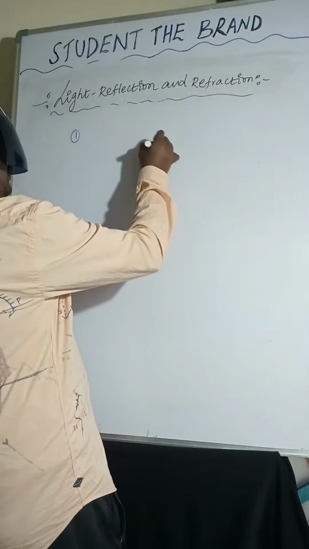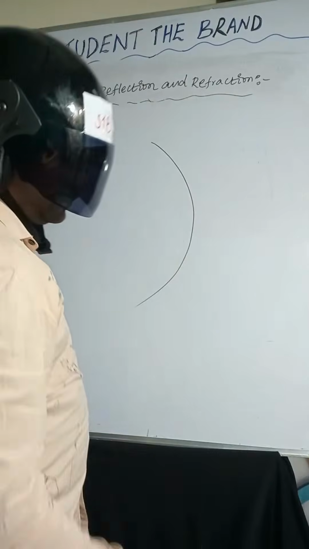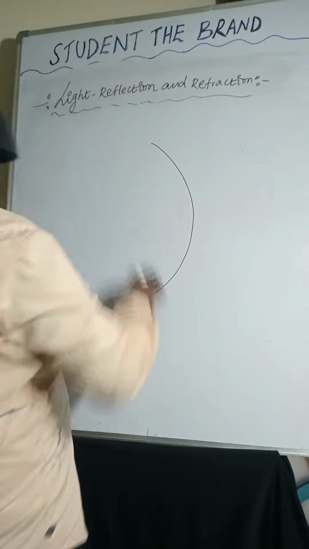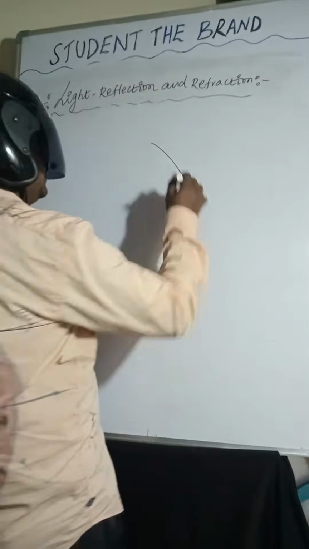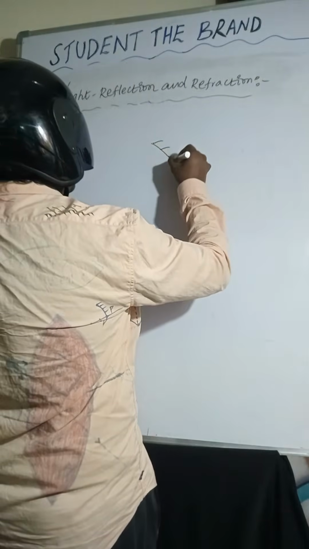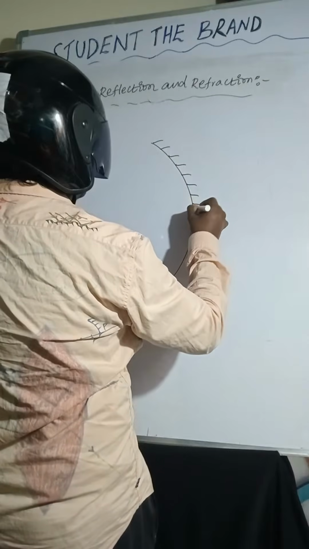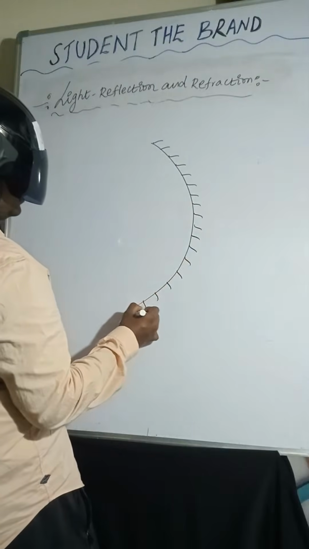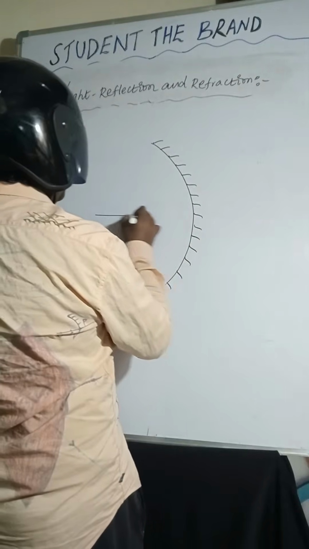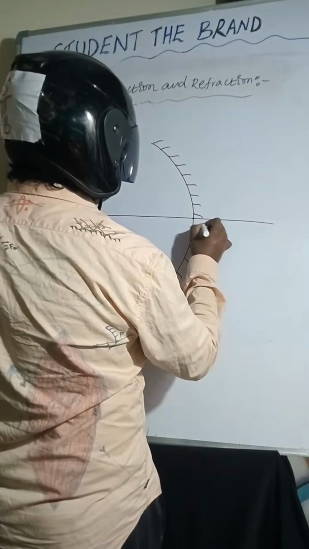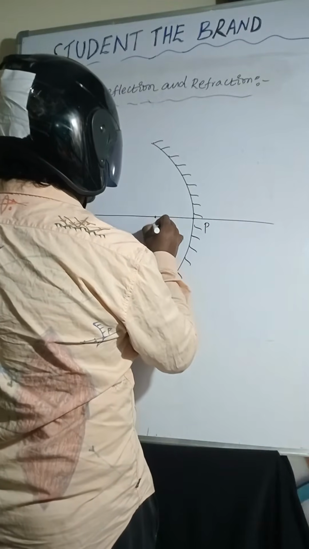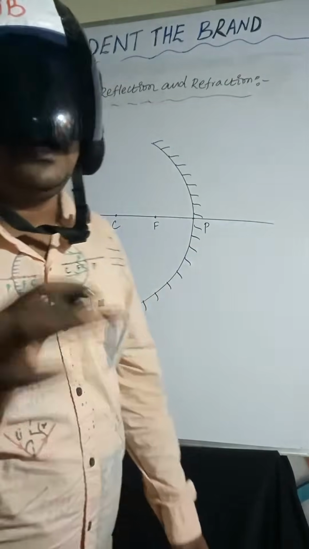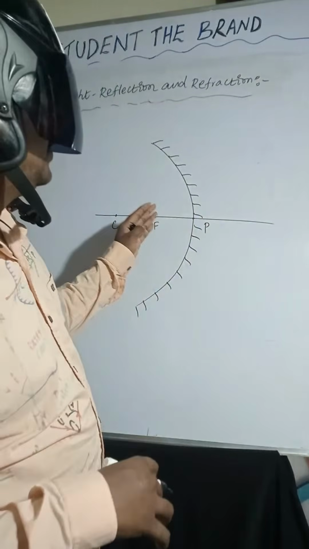So I am taking the concave mirror here, the converging mirror. Here I am taking pole, focus, center of curvature. All measurements will be taken from the pole.